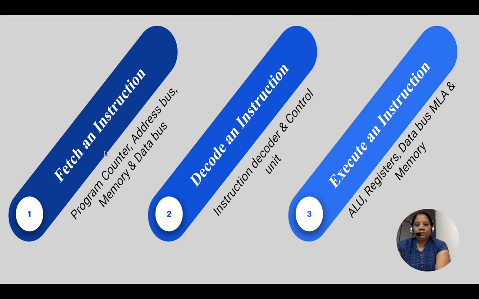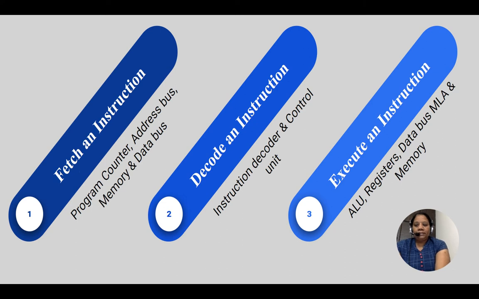During fetch, we use the program counter to get the address of the instruction to be fetched, which is then placed into the address bus. The address bus carries the address to the memory, fetches the instruction from the memory, and then places the instruction into the data bus. So all these four play a major role in fetching an instruction from the memory.